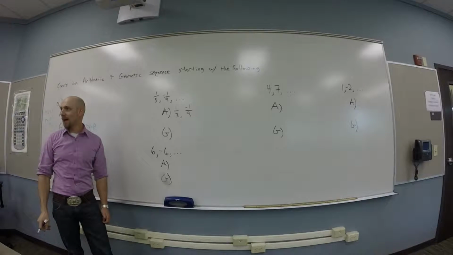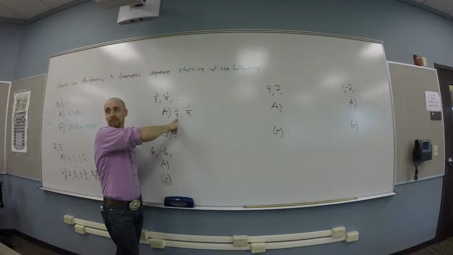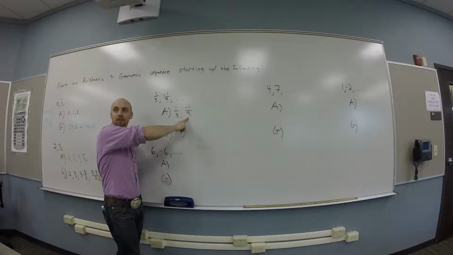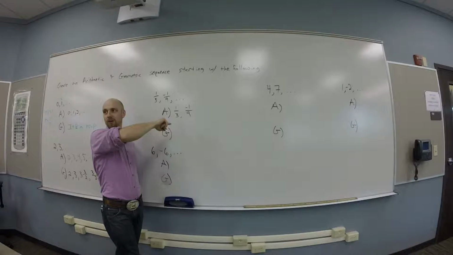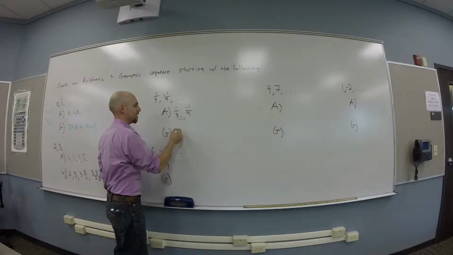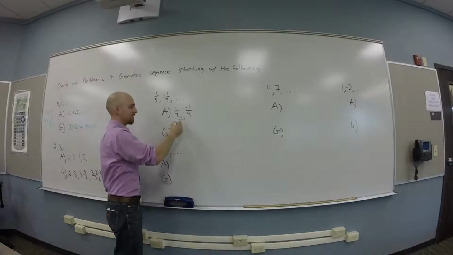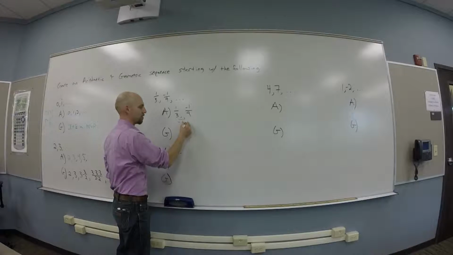So to be an arithmetic sequence, what I need to ask is, what did I add to this guy to get to that? It's going to be negative a third and then negative a ninth. So really here I'm wondering, subtract a third and also a ninth.